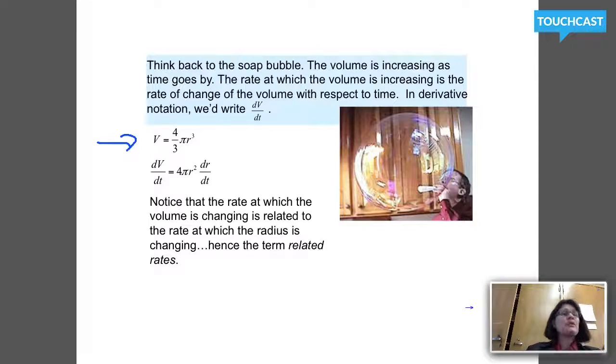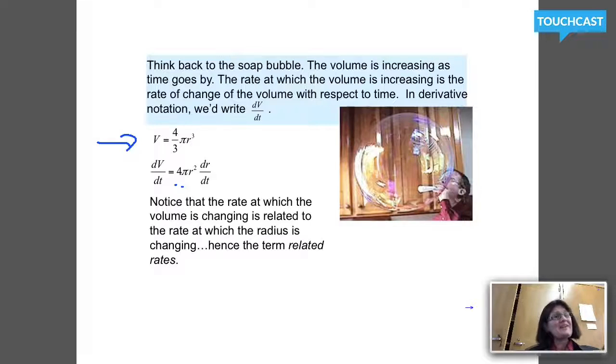So I'm going to pretend for a moment that I want to take the derivative with respect to r, the one variable that's there. The 3, which is the exponent on r, is going to come to the front and multiply the 4/3. So the 3's will cancel, which gives me the 4. The pi is a constant multiplier, so it's still there. The new exponent on r is going to be 1 less than the old exponent. That's how I get an r squared here.